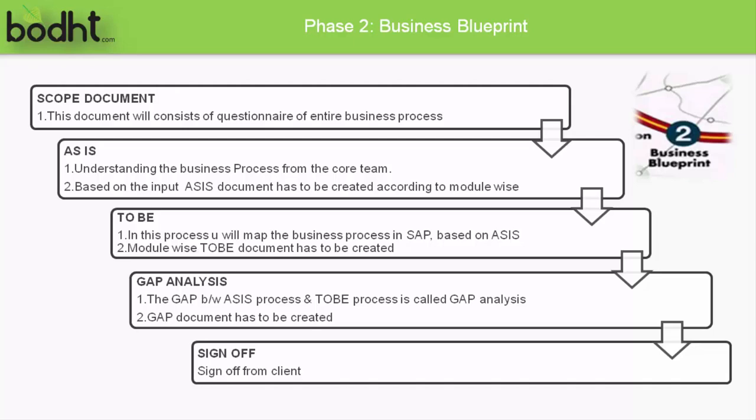Probably this may become input for the management to decide whether they want to go for customization of this, in the sense writing code to achieve this particular functionality, or they may want to put it as a task for the next stage of implementation. It is up to the management to decide. So that is what gap analysis is. And yes, again, taking signature from the client on all the important documents is a very important task that we have to do.